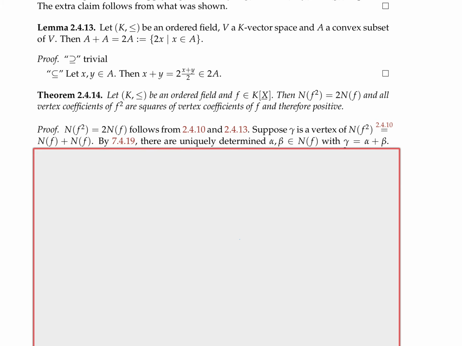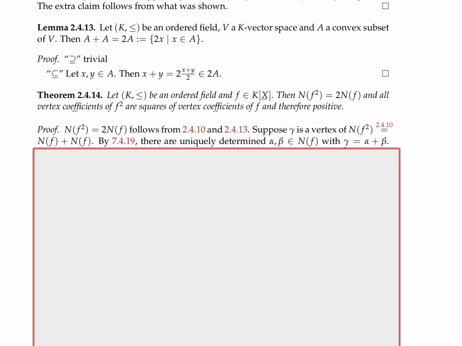Now, suppose gamma is a vertex of the Newton polytope of F squared, which is also the Newton polytope of F plus the Newton polytope of F. Then by 7.4.19 there are uniquely determined alpha and beta in the Newton polytope of F with gamma equals alpha plus beta, right? But then alpha must be equal to beta because they are uniquely determined even as a pair, right?